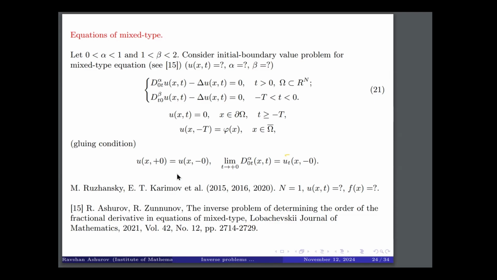This problem was first considered by Zhuzhansky and Karimov when n is equal to 1. They investigated the inverse problem to find the right-hand side when n is equal to 1. And in our paper here, 2021, we solved the inverse problem to determine alpha and beta simultaneously, both parameters.